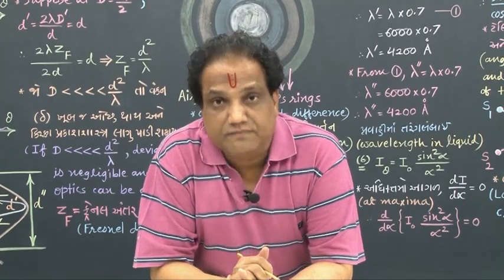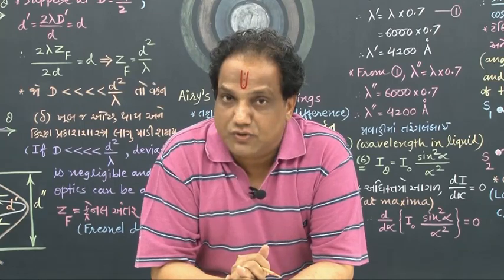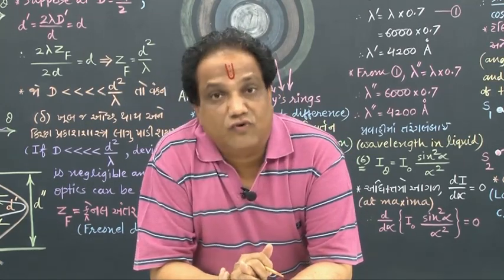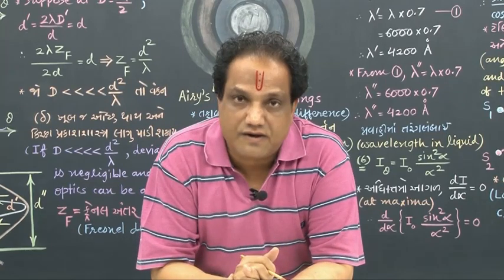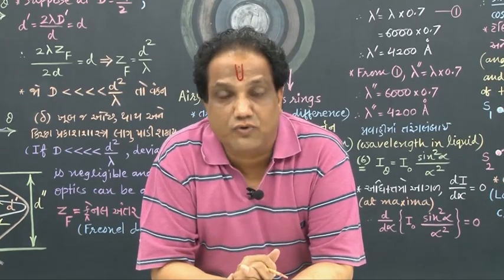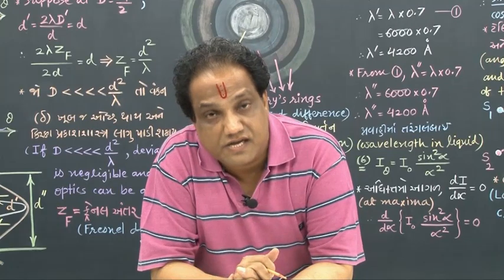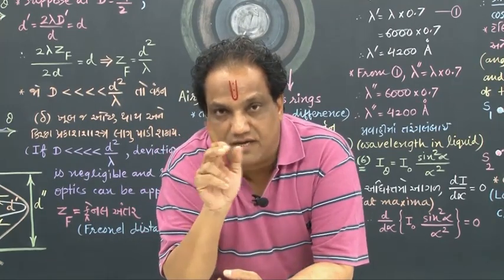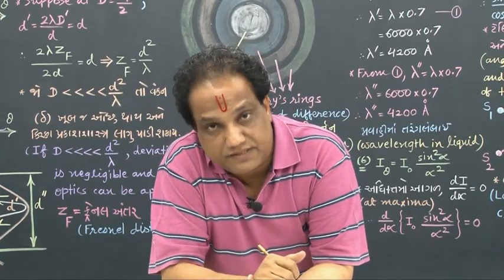Remember that formula? I theta equals I0 sin square alpha upon alpha square, correct? What was alpha? Some sort of angle. And how was it related to angle of diffraction theta? Remember the formula? Alpha equals pi d sin theta upon lambda, correct?